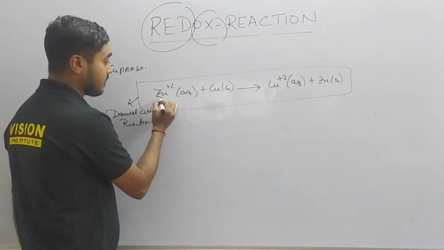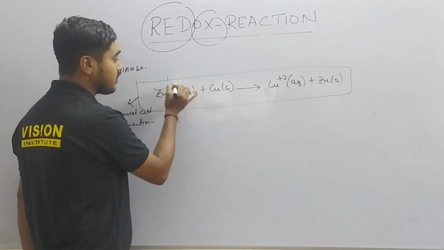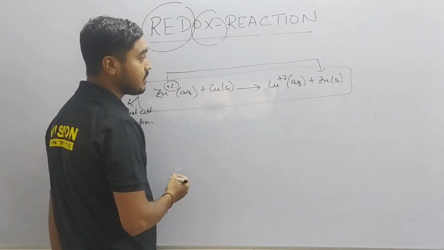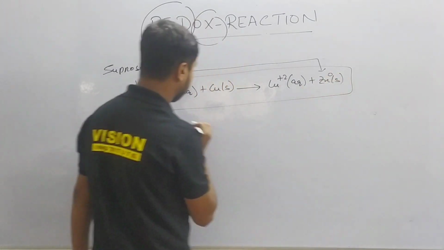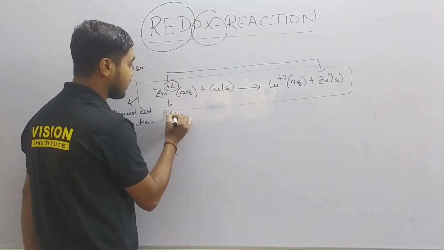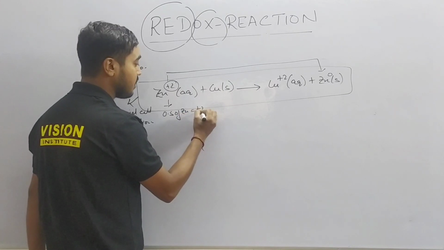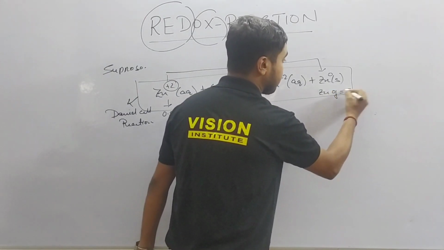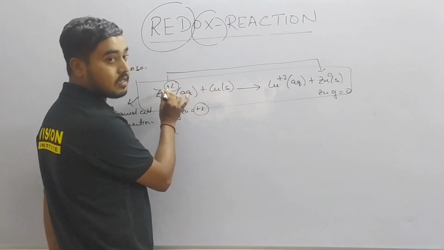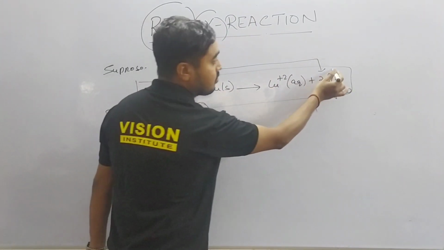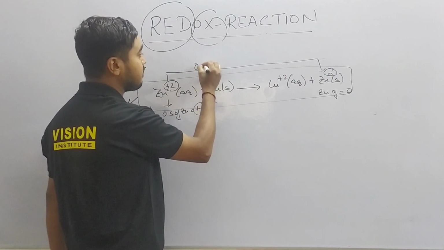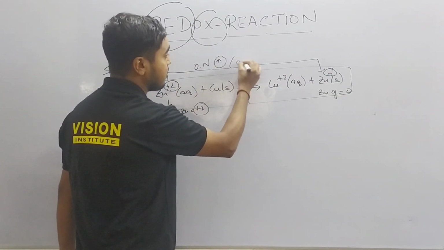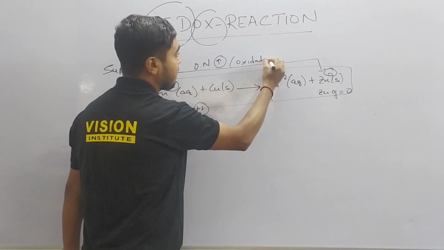Here the charge on Zn2+ is transferred to Zn0. So the oxidation state of Zn is plus 2 and here the oxidation state of Zn is 0. Since the oxidation number is increasing, that is known as oxidation.